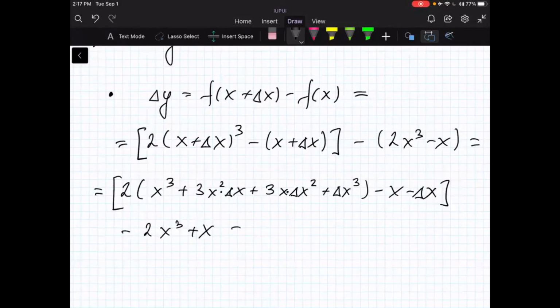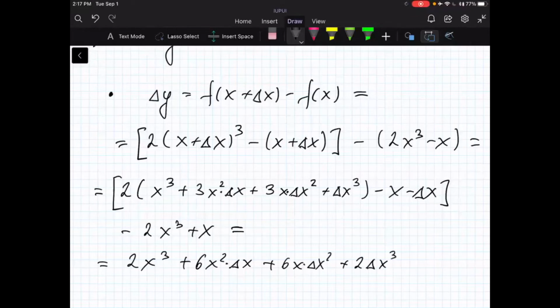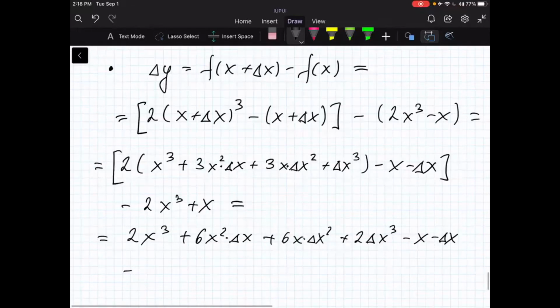Long expression. Let's be careful with that. So I get 2x cubed plus 6x squared delta x plus 6x delta x squared plus 2 delta x cubed minus x minus delta x minus 2x cubed and plus x.